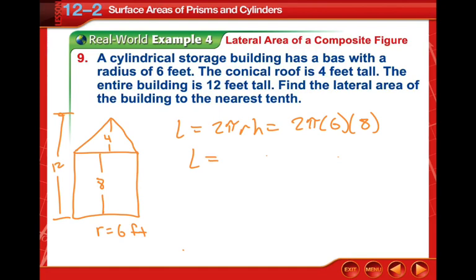So that's going to be 2 times 6 is 12. 12 times 8 is 108. Sorry, 96. Went too high. And so it's 96 pi. And that comes out to be about 135.9 square feet. That's for the cylinder.